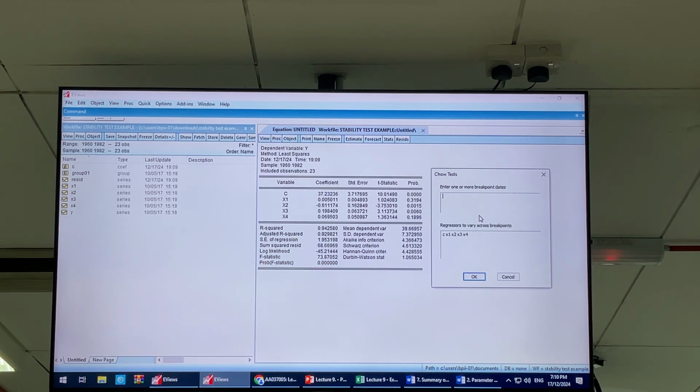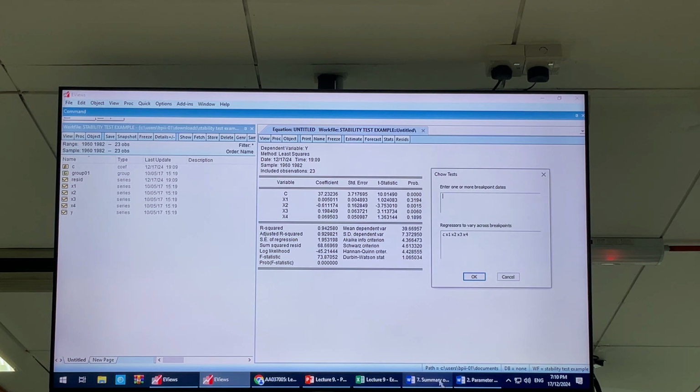In our case, the second subsample starts from 1977. The information says after 1976, so starting from 1977. You have to carefully read the given information.